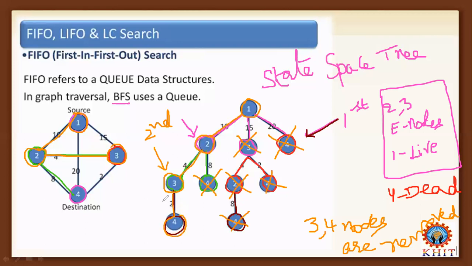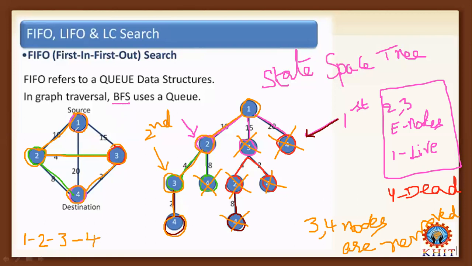And finally, if you want to find the shortest path from 1 to 4, how is it? Initially starting from 1, move to 2, next move to 3, next move to 4.